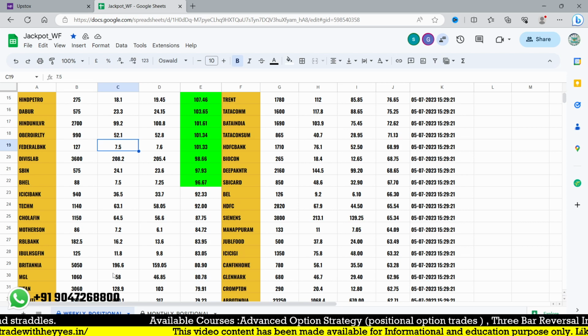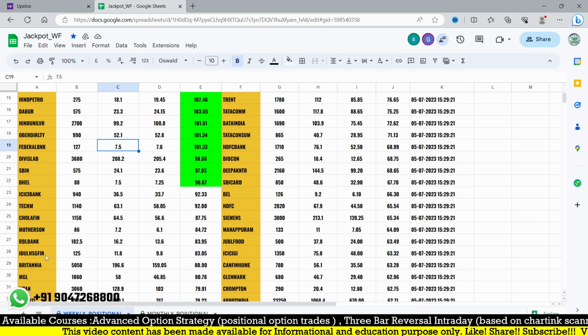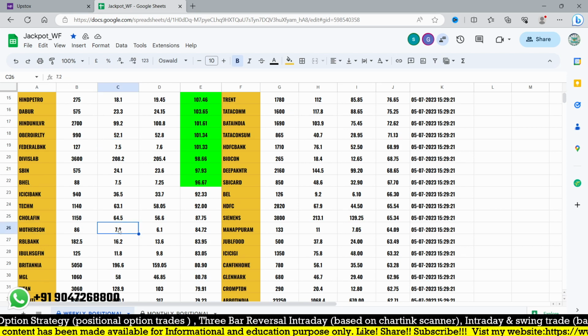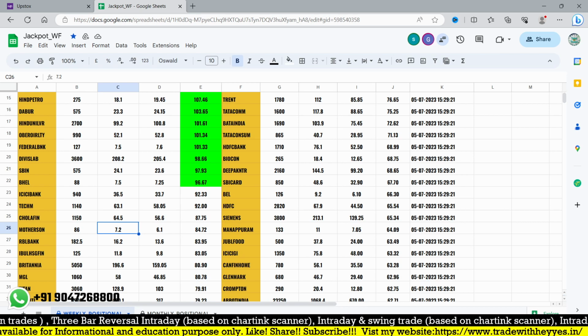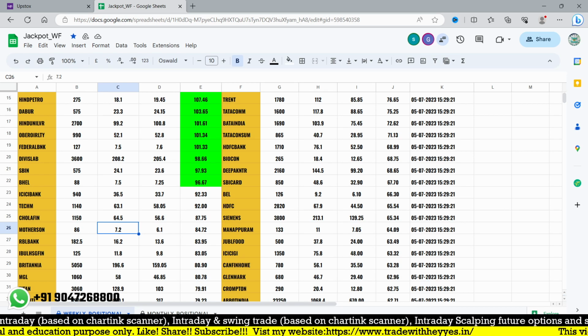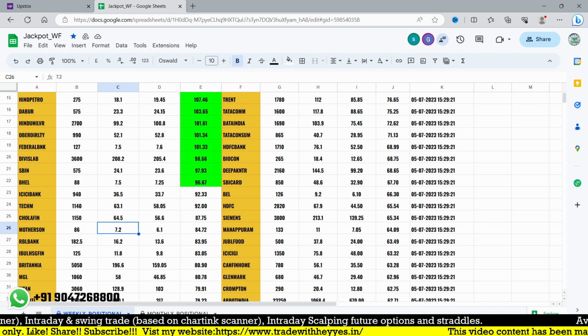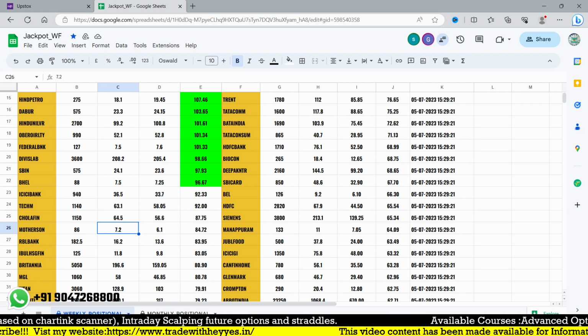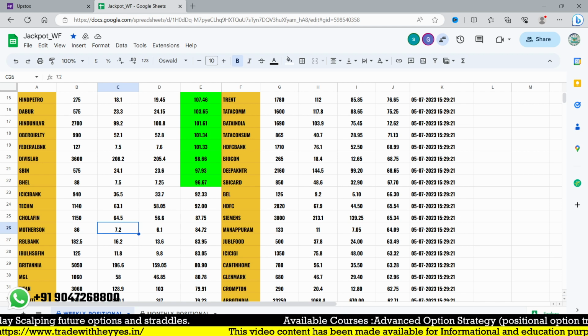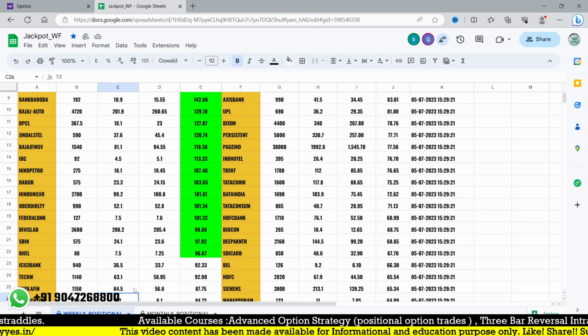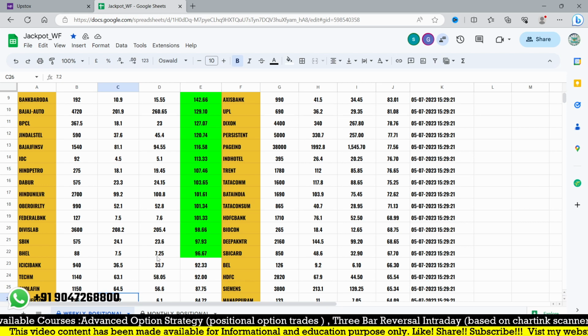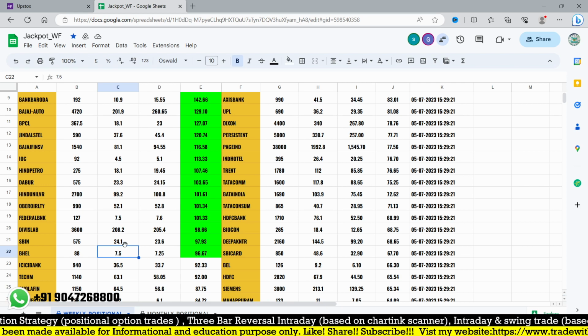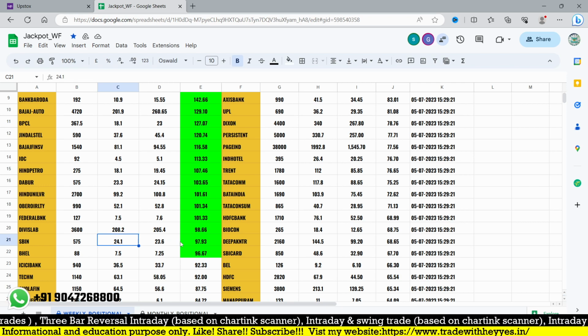One more stock we found in the live market is Motherson Sumi: 7.2, 7.85, and again it came down to 6. If tomorrow it gives any entry buy opportunity, we can go that way. You can use the scanner effectively. BHEL also came in at this point, and SBIN was yesterday's entry, and it is traveling at the same price right now.